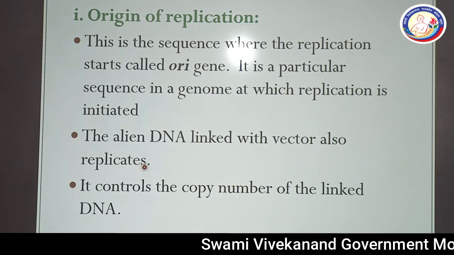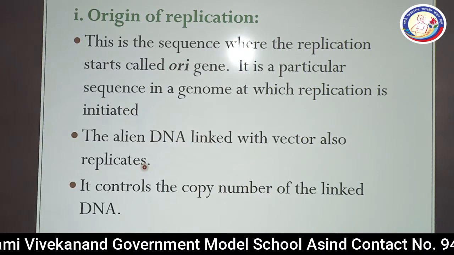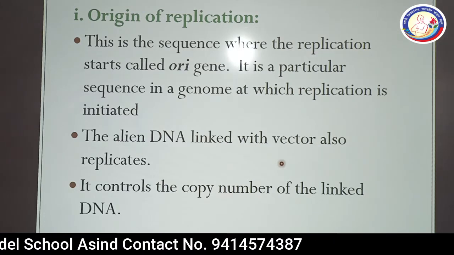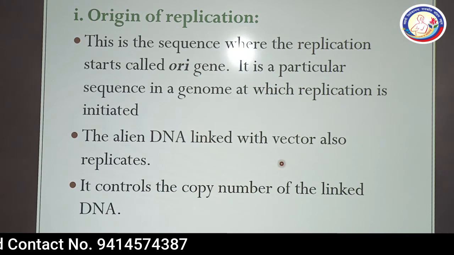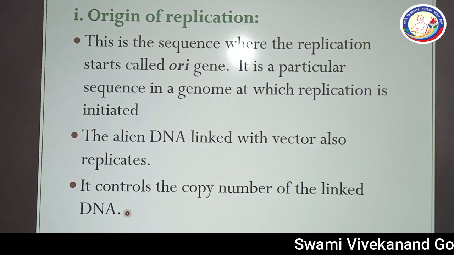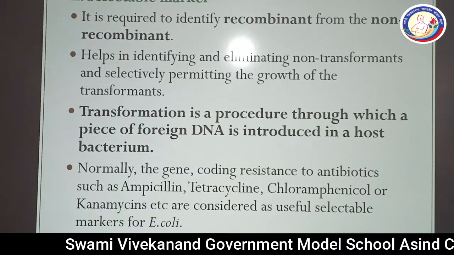As you can see, the plasmid itself can replicate, and after the addition of alien DNA to the vector, the whole DNA and vector will replicate. It controls the copy number of linked DNA. It depends on the type of ORI and type of plasmids.